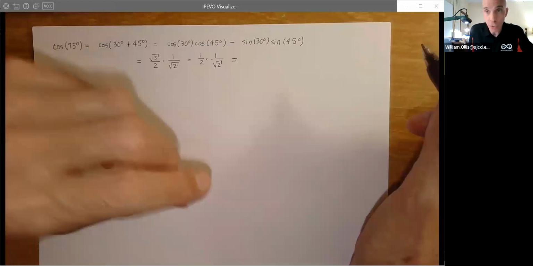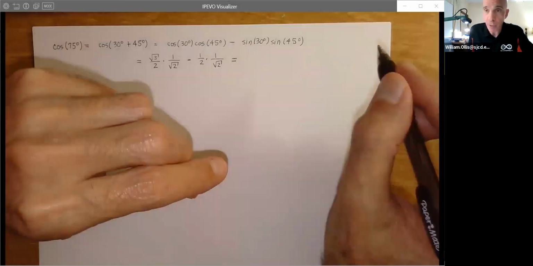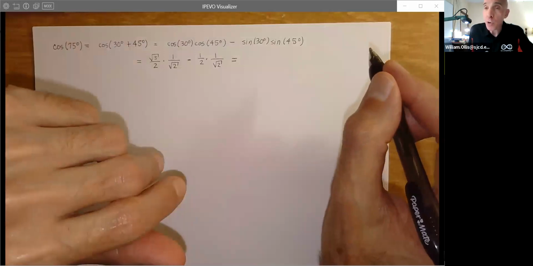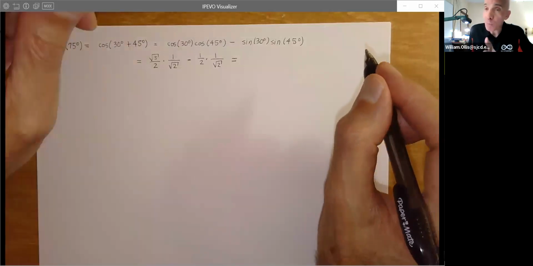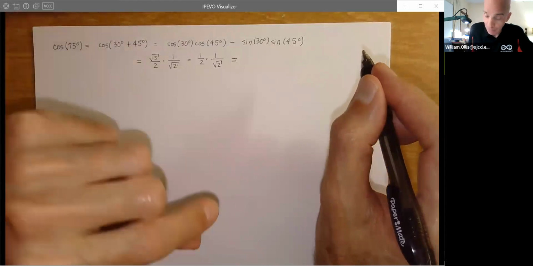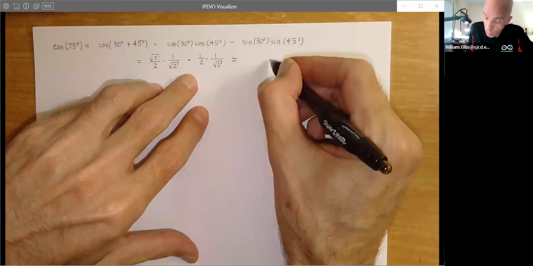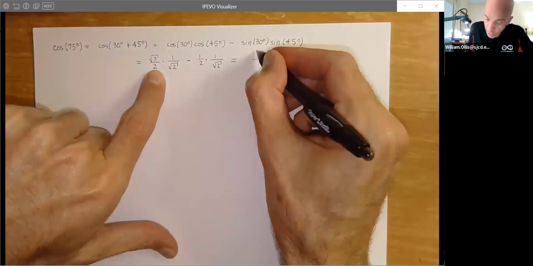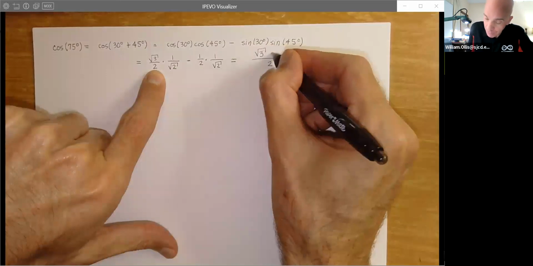WebAssign never says, make sure there's no radical in the denominator. You have never seen that. You never will see that. So if you come to grief, it's because you're wishing for things to be there that aren't. So don't do that. So now we have 2 root 2, and then we have square root 3 minus 1.